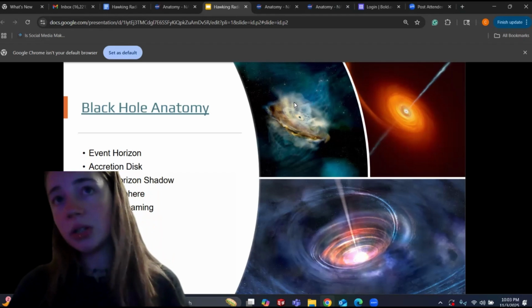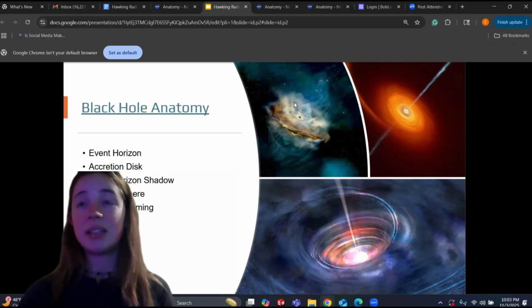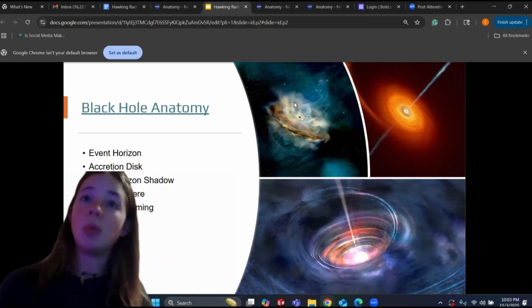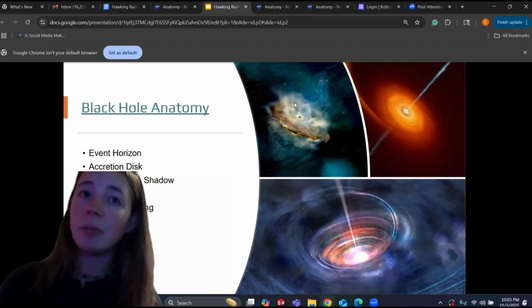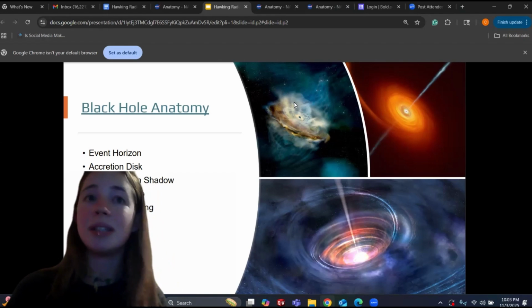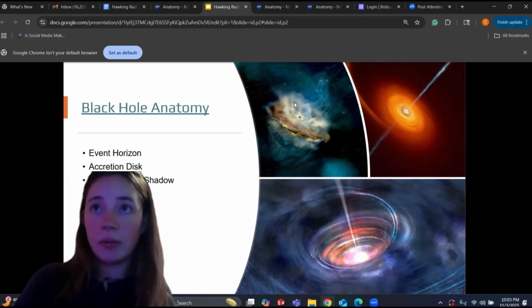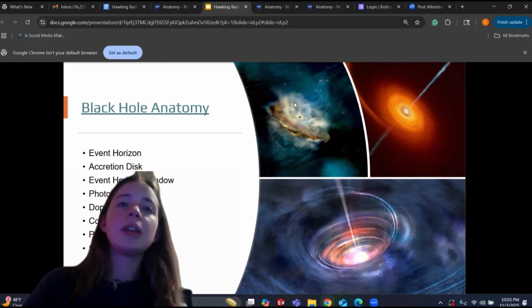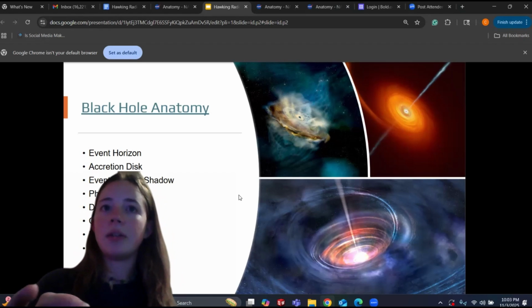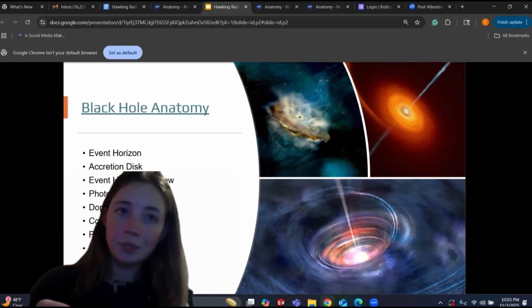So a lot of the research around black holes is still being formed. That's why we don't know a lot about the coronas and particle jets. We don't know what's inside of a black hole because we can't just go in there and find out, right? So it's just important to realize that a lot of this is still being worked upon.